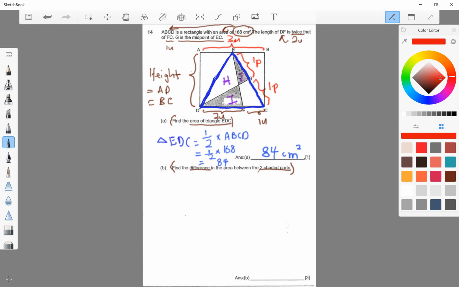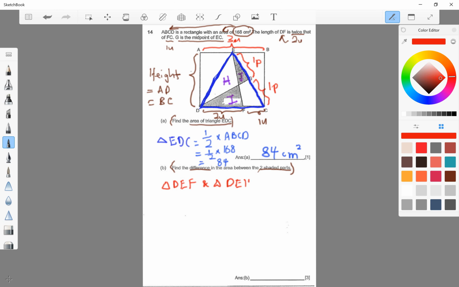So there is a part which I just labeled as H. H is the overlapping part. Let me circle it for everyone. So H is overlapping between two triangles, triangle DEF and triangle DEG.